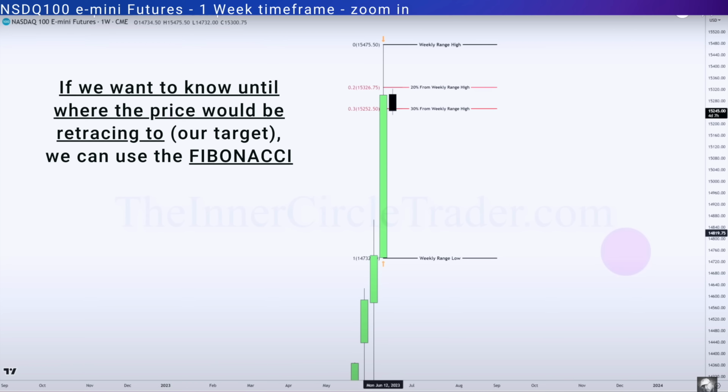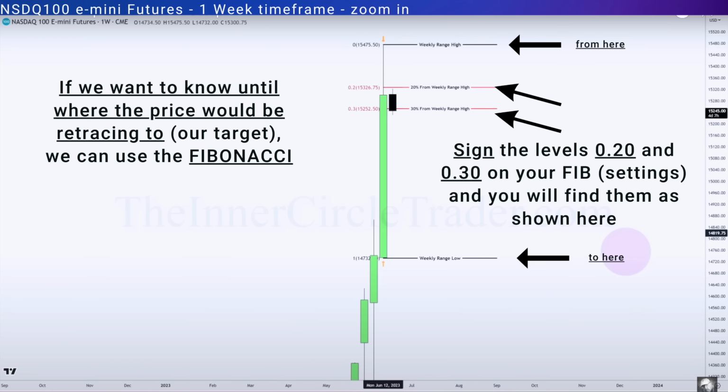So if we want to use Fibonacci, we're going to start from here, which is our weekly range high, and we are going to anchor it until our weekly range low, and so until there. We're going to assign the levels of 0.20 and 0.30, or 20% and 30%, on our Fibonacci settings, and you will find them also shown here on the chart.